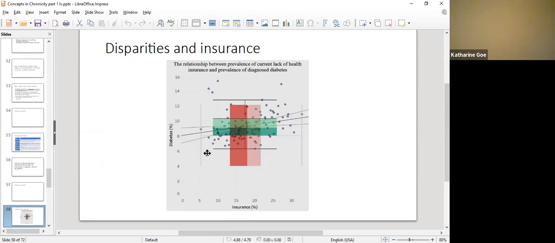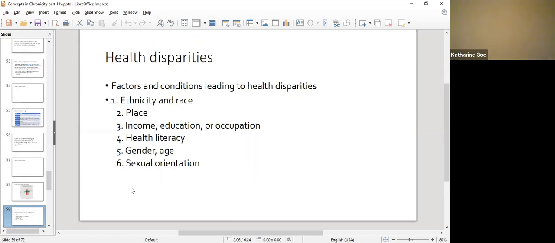You can see over here, people outside of this chronic illness are more insured. That's what the graph is meant to illustrate. Because people typically don't have insurance, quite often they're more apt to get diabetes. So you can see there's a concentration between those two: lack of insurance and incidence of diabetes.